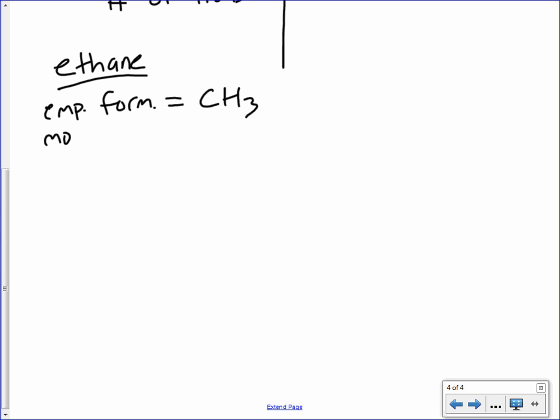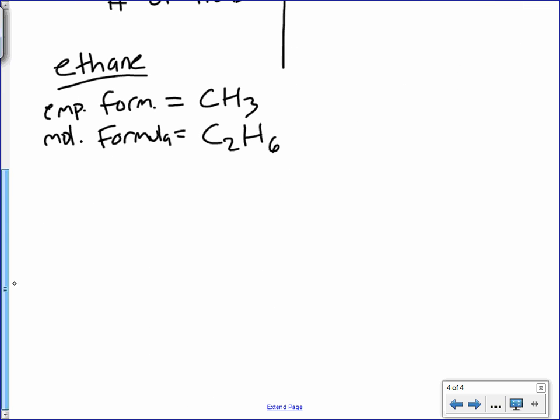However, its actual molecular formula, that should be an H, an F. The actual molecular formula of ethane is C2H6. Okay? Ethane is C2H6. So the molecular formula tells you the actual molecule, while the empirical formula only tells you the ratio. So there is a difference there, although both are valuable.